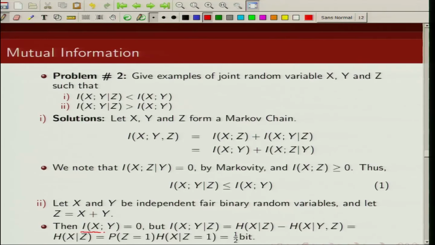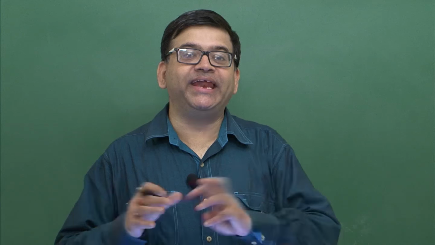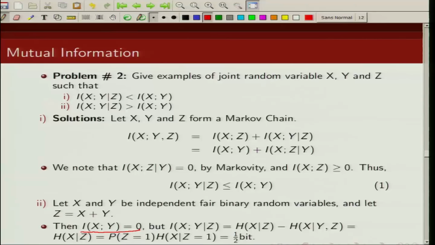Now, what is the mutual information between x and y? Because x and y are independent binary random variables, they do not convey any information about each other. So the mutual information between x and y is 0.